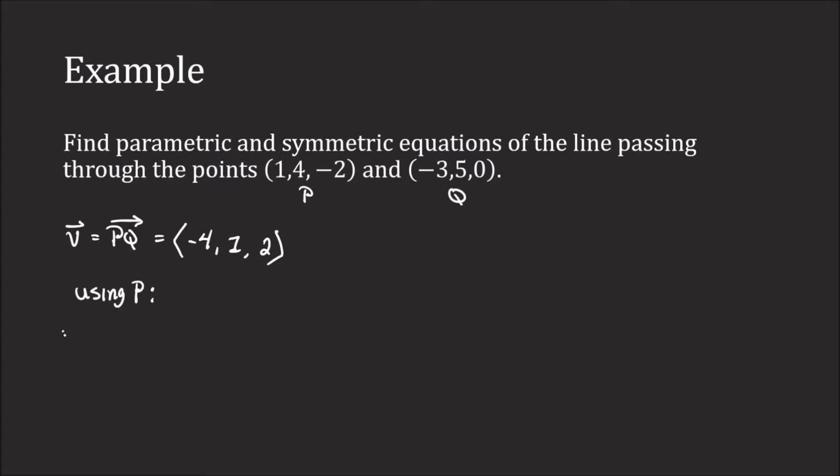We can get x is equal to 1 minus 4t, y is equal to 4 plus t, and z is equal to negative 2 plus 2t. So here are our parametric equations.